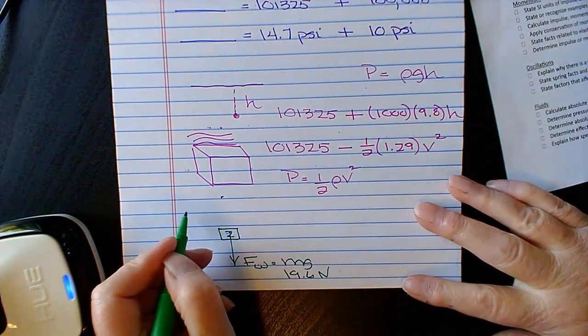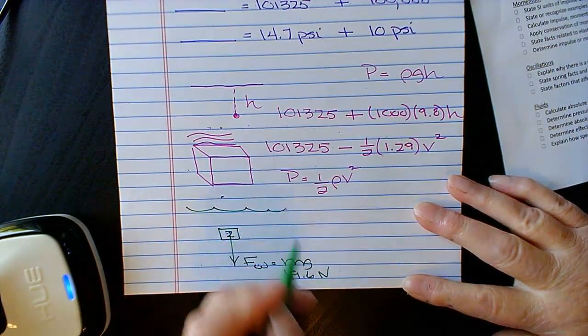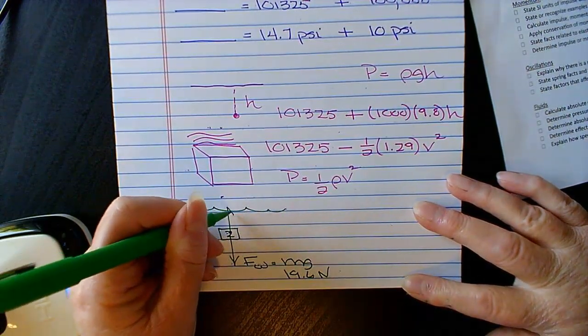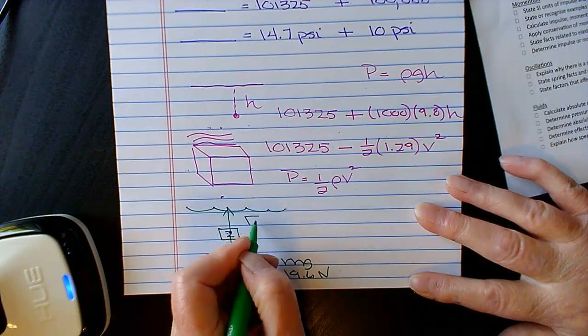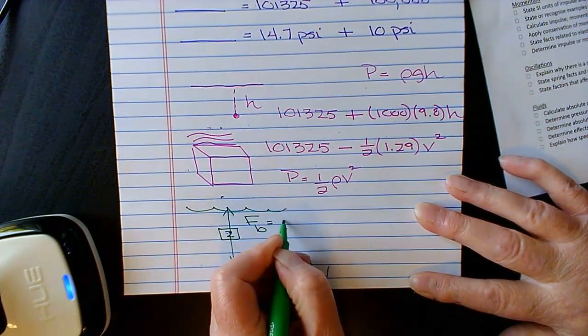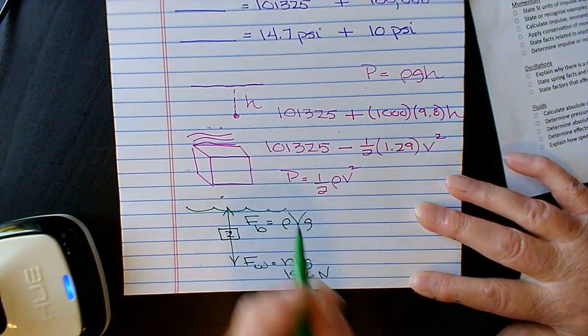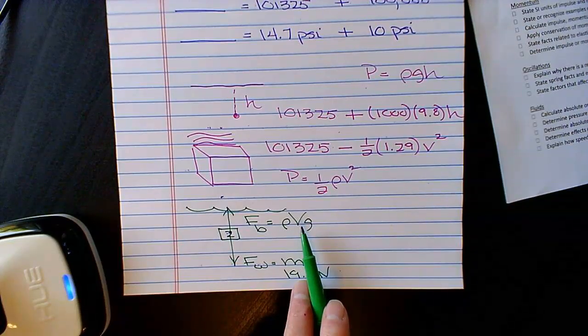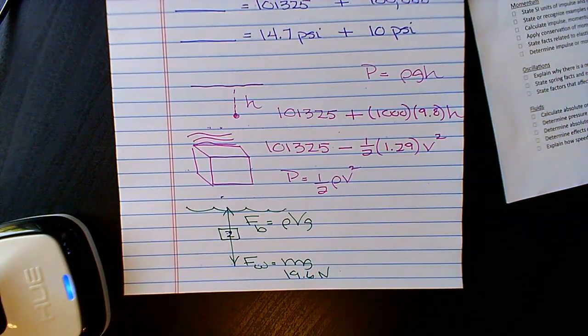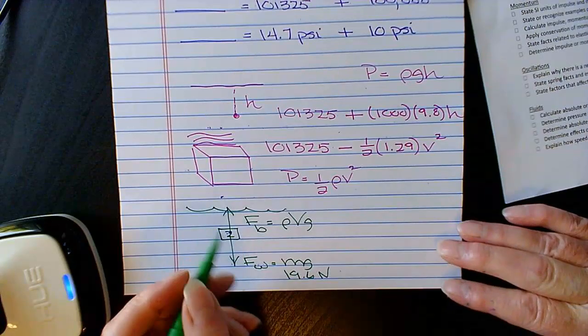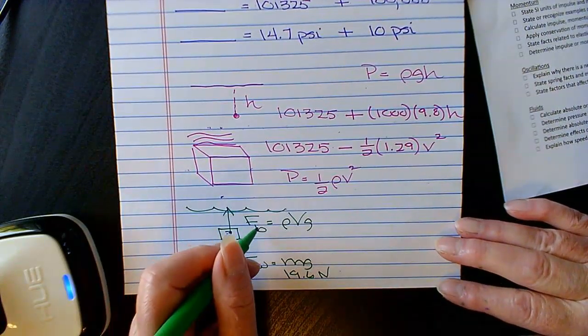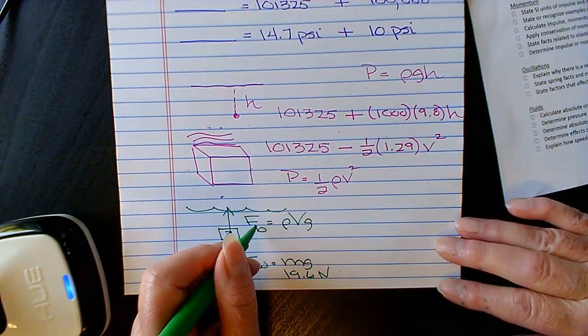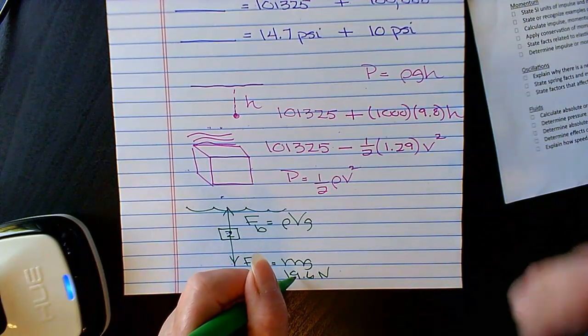But now if I dip it underwater, the buoyant force appears. And the buoyant force is equal to ρVg, the density of the fluid, 1,000, times the volume of the object, times 9.8. And all I need to know is that the buoyant force is going to make it weigh less.